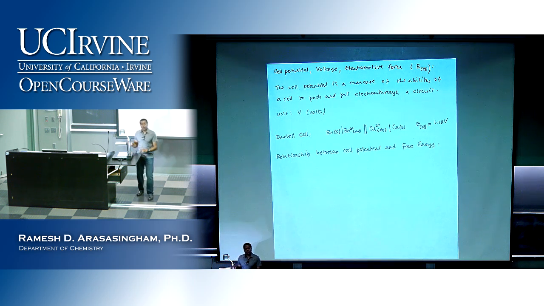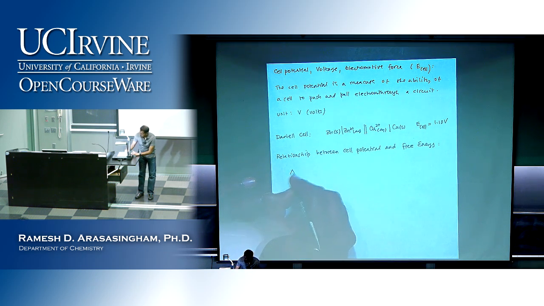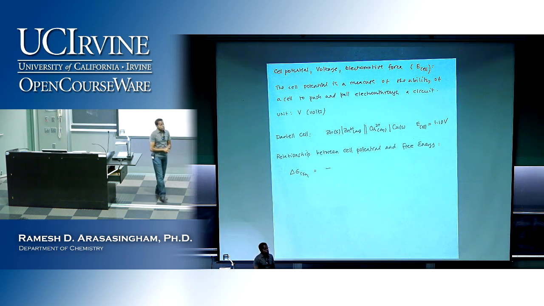And as all of you know, for any reaction, the reaction that we're looking at is this reaction. If you look at the net reaction, the symbol for the change in free energy is delta G. If this is spontaneous, the sign has to be negative.